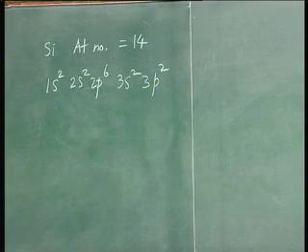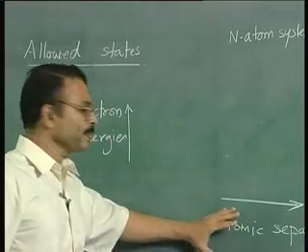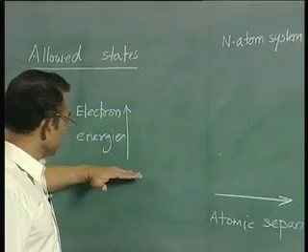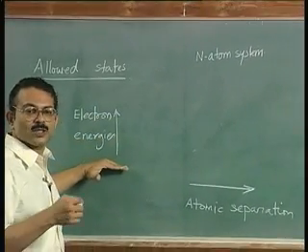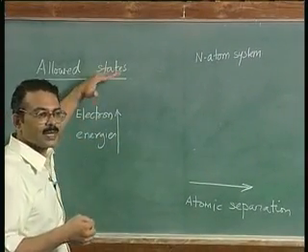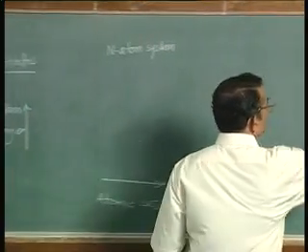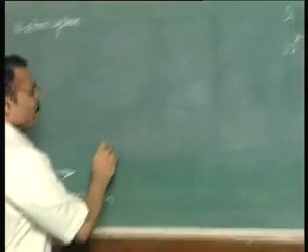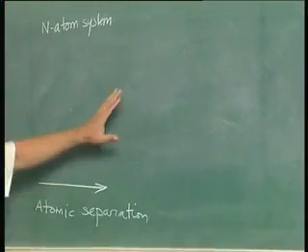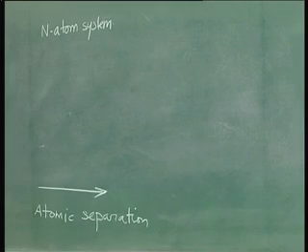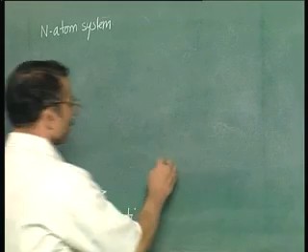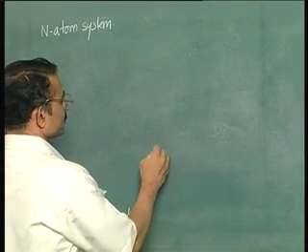Okay. So on this particular diagram, the lower energies will correspond to electrons close to the atom, and the higher energies will correspond to electrons away from the atom. So if I were to show this, it would look something like this for an isolated atom. Okay, we are not taking an n atom system, you take an isolated atom, then it would be something like this.